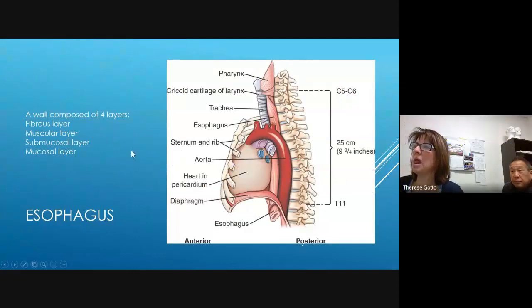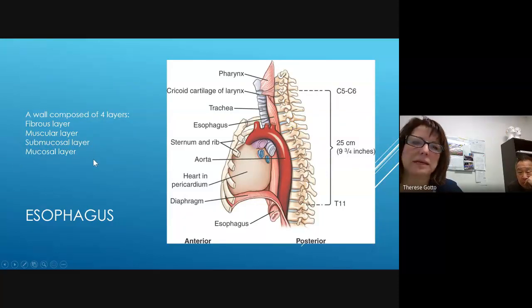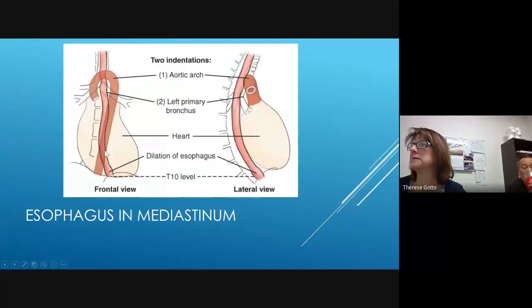Don't forget your esophagus has 4 different layers. You've got a fibrous layer, muscular layer, a submucosal layer, and a mucosal layer. Remember, these layers go all the way through the digestive system. So the walls of the small intestine are also composed of these same 4 layers: fibrous, muscular, submucosal, and mucosal.